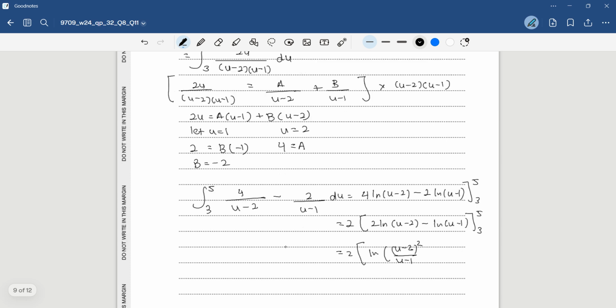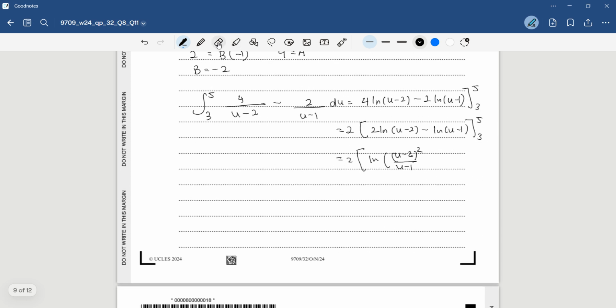The writing is not clear. So it's going to be 2 bracket ln of (u minus 2) squared over (u minus 1), from 3 to 5. So you sub in.